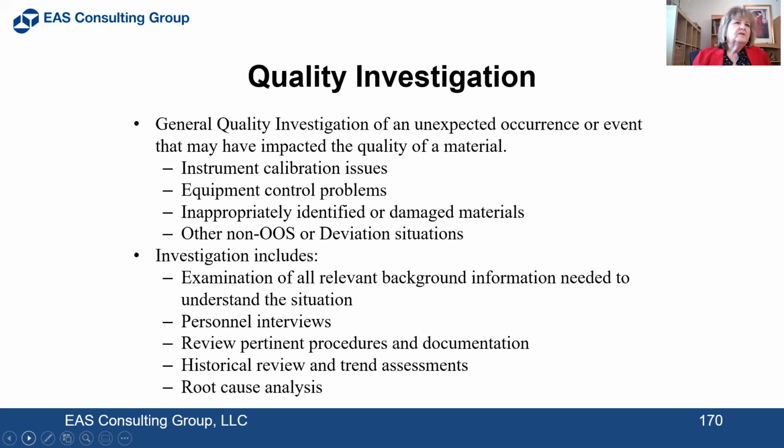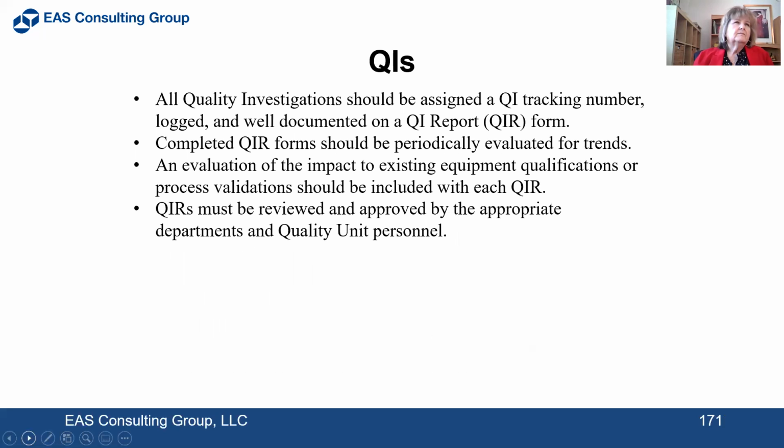The investigation will include examination of all relevant background information needed to understand the situation. It will include personnel interviews. It will review pertinent procedures and documentation and the historical review and trend assessments, and will include a root cause analysis.